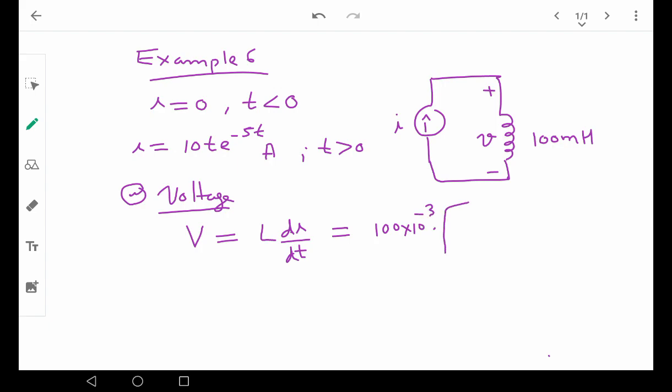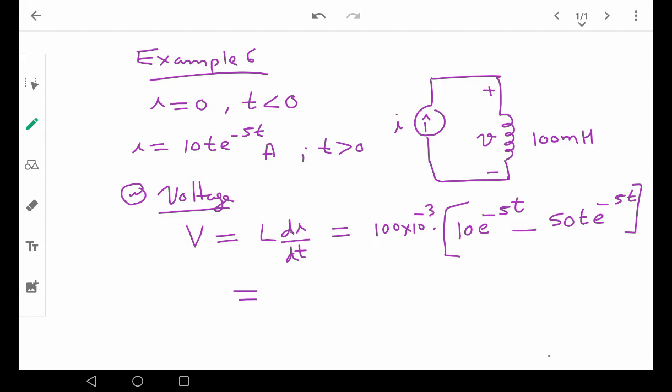You have to do the differentiation by parts. First you will differentiate 10t, then you will get 10 e raised to minus 5t. Then for the other part, that is minus 50t e raised to minus 5t volts.